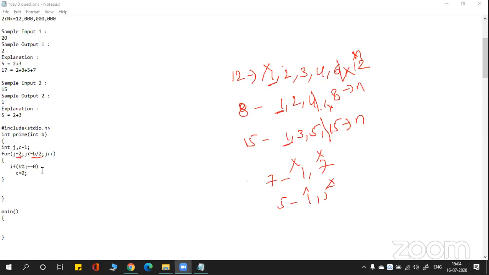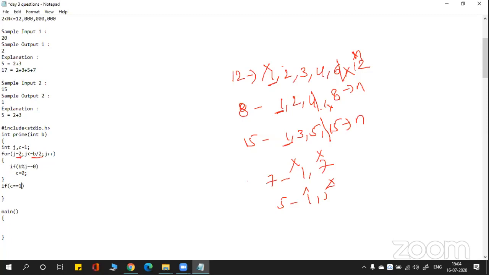So b modulo j is equal to 0. Whenever it is divisible, it is just a kind of flag. So I've taken c is equal to 0. After this, I'm writing a condition: if c double equal to 1, what does that mean?